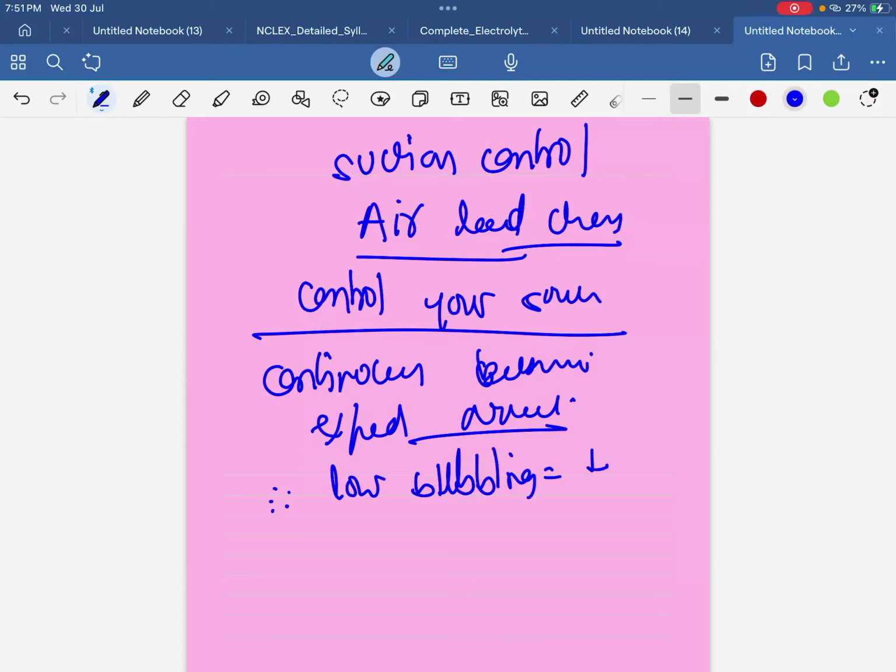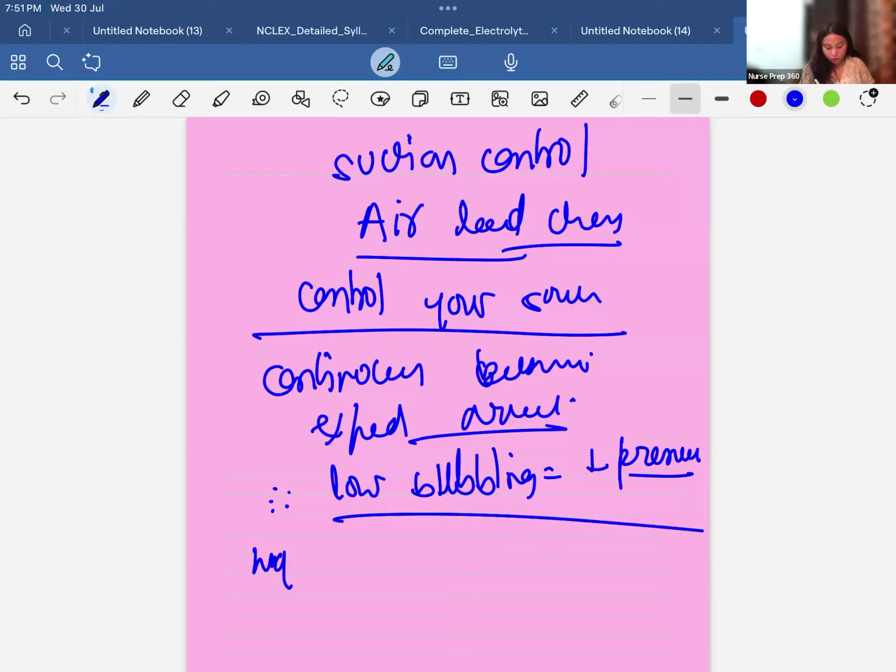Madam, could the tube be blocked? Yes, it can also be that. Okay. If there is high bubbling, too much bubbling, it means that there is high pressure.